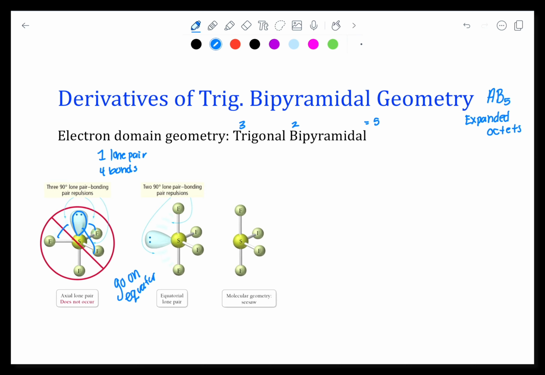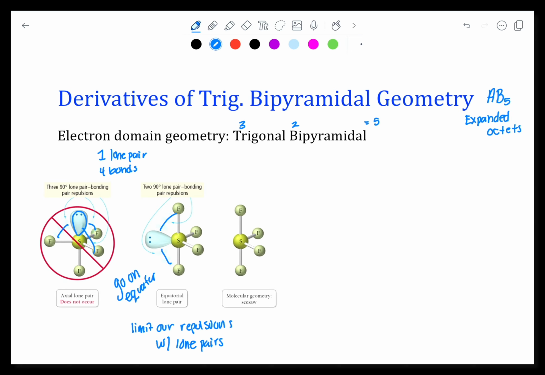By adding it to the equatorial, there's only two 90-degree repulsions in that molecule, so that's limiting our number of repulsions, which is preferred. So we want to limit our repulsions with lone pairs. So that lone pair goes on the equatorial atoms first.